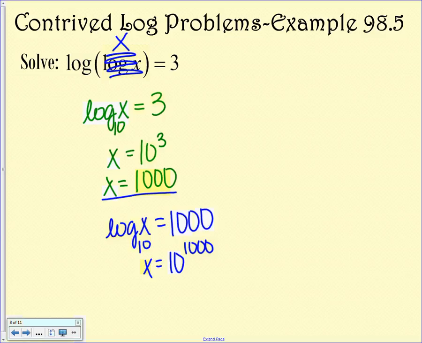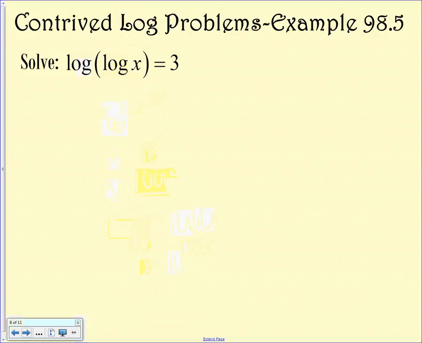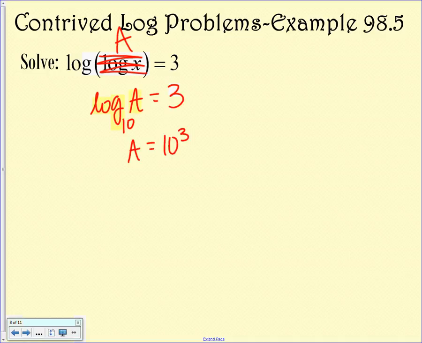So let me go back over that one again real quick. We're going to make this disappear. And so I'm going to make it an a this time. So the log of a equals 3. And so that means that a is 10 to the third. But I said that a equaled the log of x.